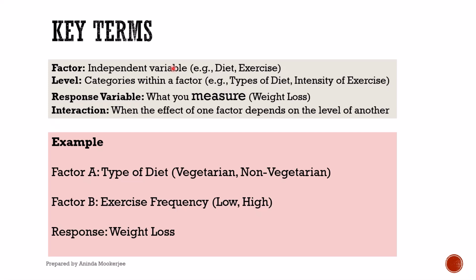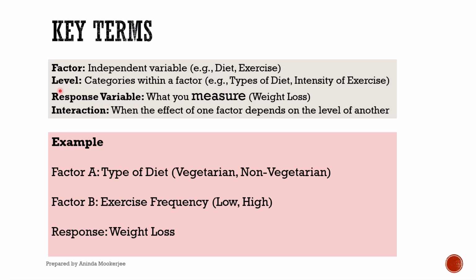variable in that case. The next one is the level. Each factor in two-way ANOVA, we will be working with two factors or two independent variables, and each of those factors will have several levels within themselves. For example, in the factor of the regions of the US, the different levels were the four different regions from which we drew our samples, right?